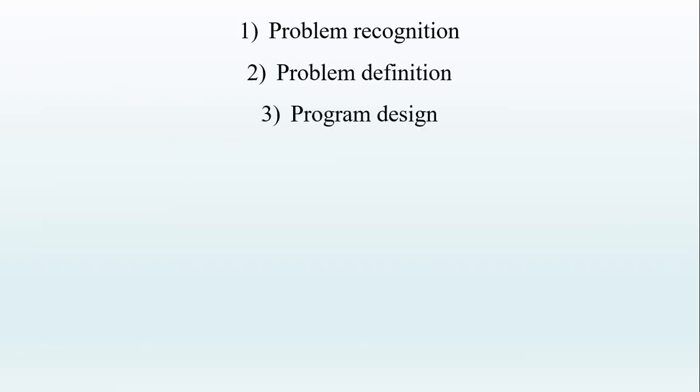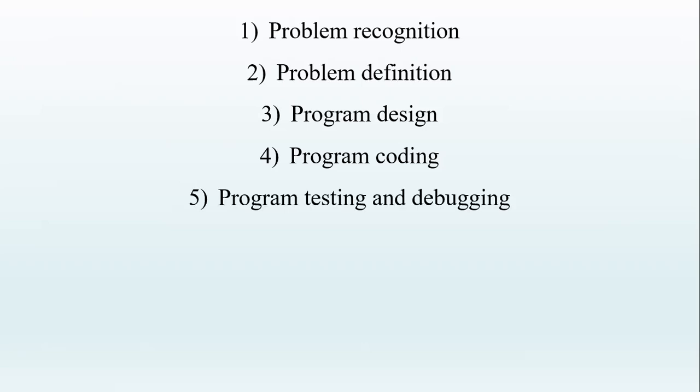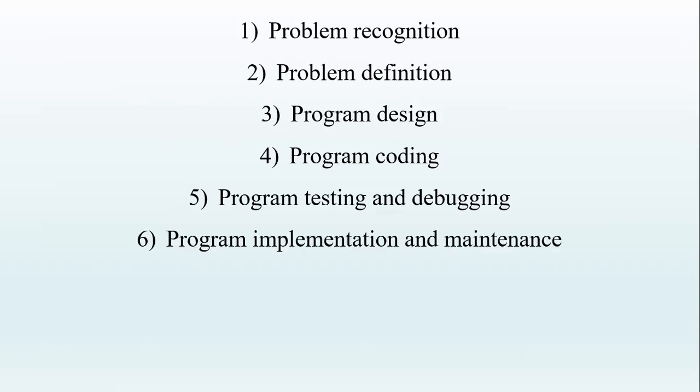The first step is problem recognition. The second one is problem definition. The third one is program design. Number 4 is program coding. Number 5 is program testing and debugging.